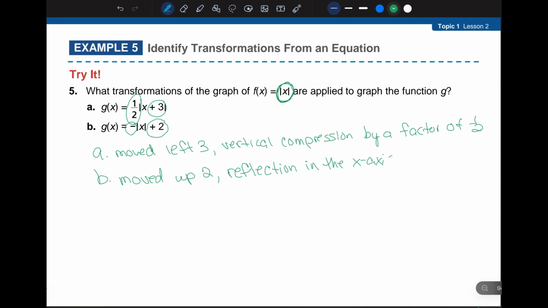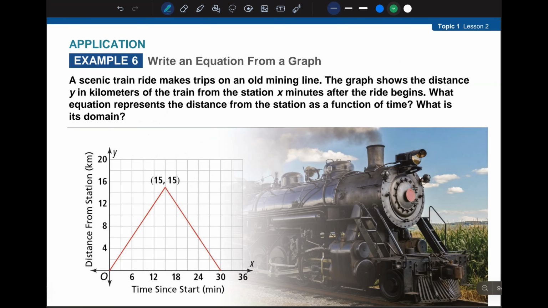All right, so we have a scenic train ride that's making a trip on an old mining line. The graph shows the distance y in kilometers of the train from the station x minutes after the ride begins. What equation represents the distance from the station as a function of time, and what is its domain? So we don't have an equation here. That's what they're asking us to find.